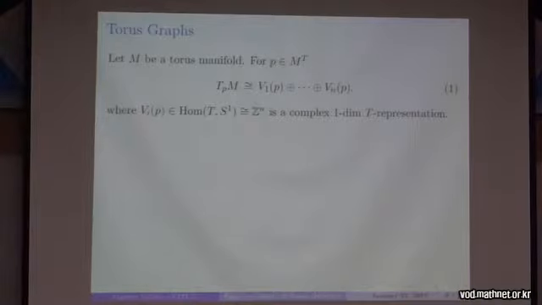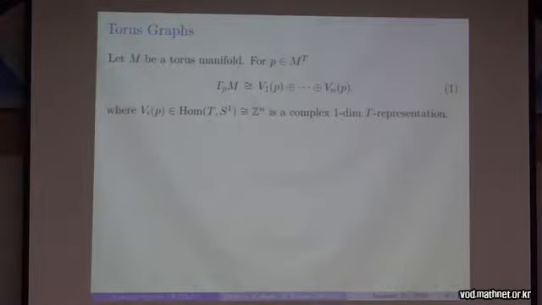So starting with a torus manifold, we can consider one of the isolated fixed points. And then taking the tangent space at that fixed point, we can think of that as a representation. There's an action of a bundle over a point, so it's a complex representation.